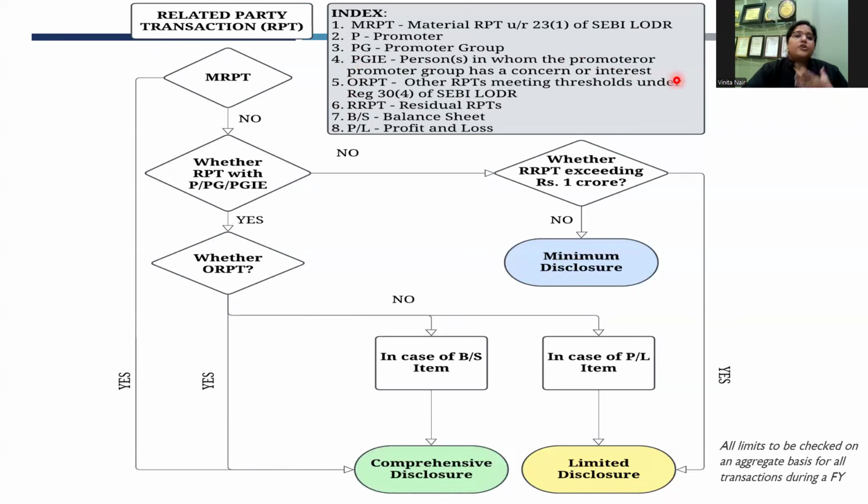So if the transaction is with a promoter, a promoter group, or a PGIE, I need to see the quantum of those transactions, all the transactions proposed to be undertaken in one financial year.